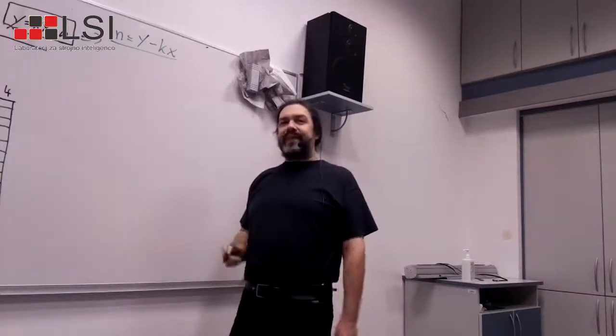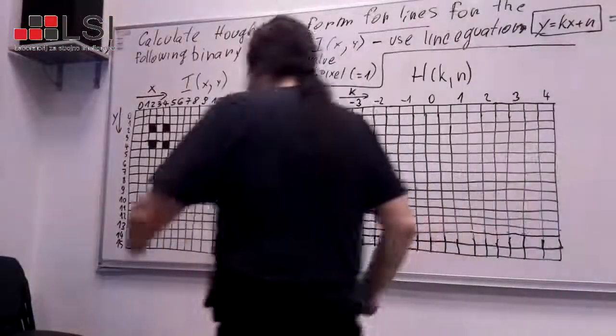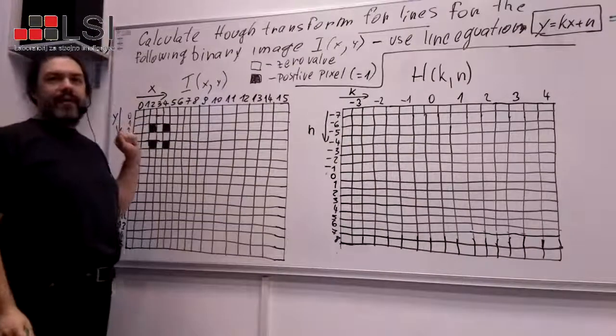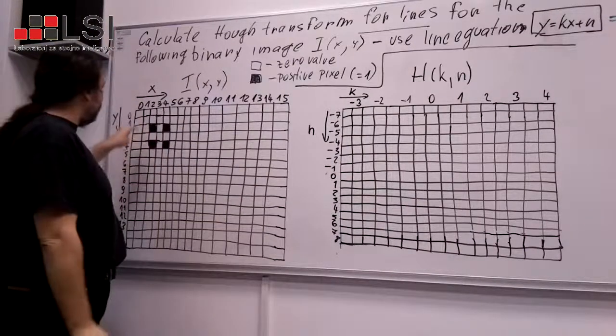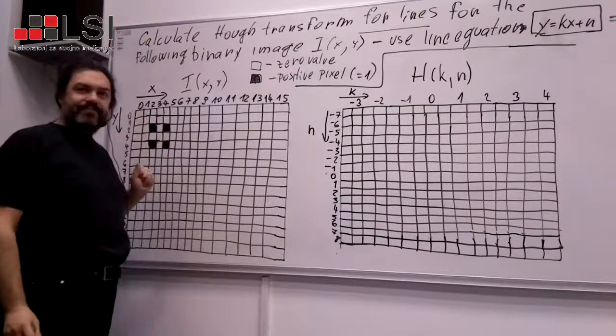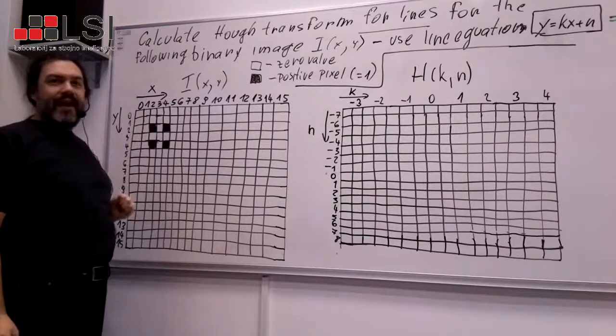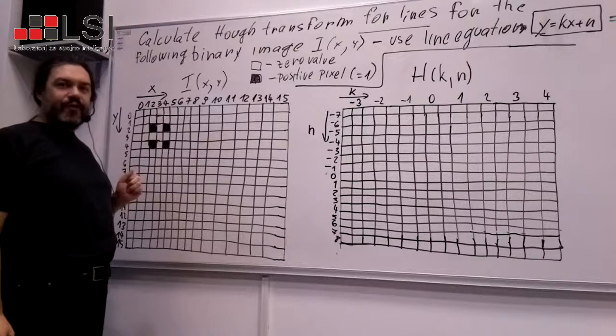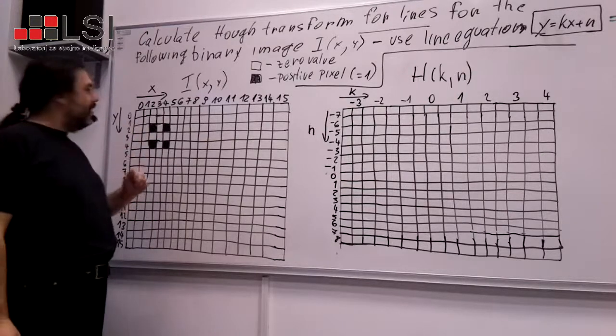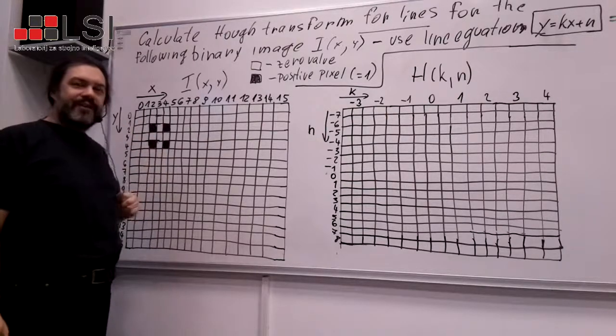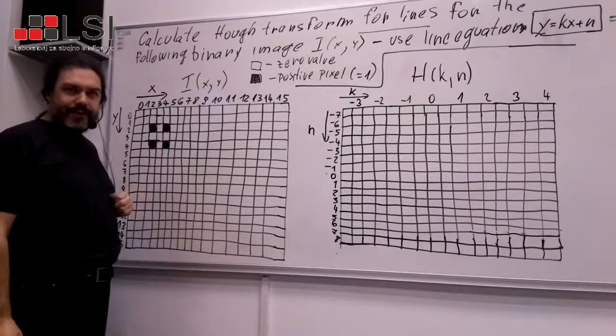And now what do we do? We do as many steps as there are pixels in the original image. So we will have 4 steps, because we have 4 pixels, and as we said, Hough transform is a voting scheme. So we have 4 voters that have to cast their votes.